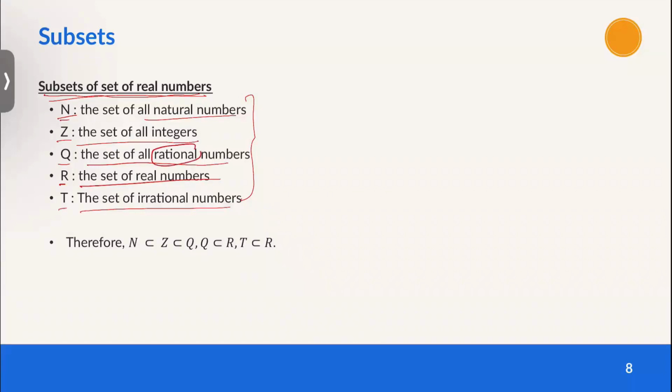What is a rational number and an irrational number? I'll define it one more time here. A rational number can be written as a fraction p by q, where p and q are integers.